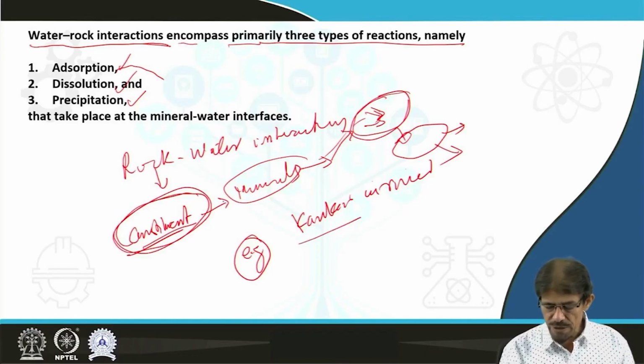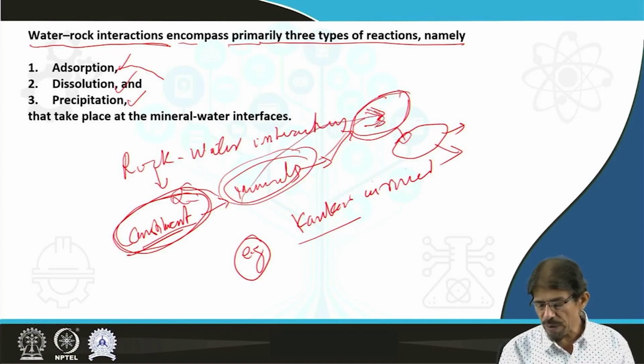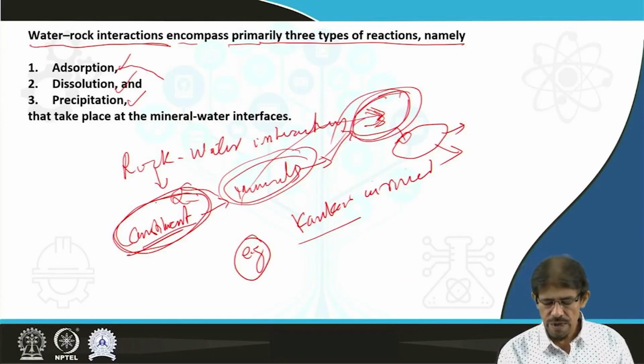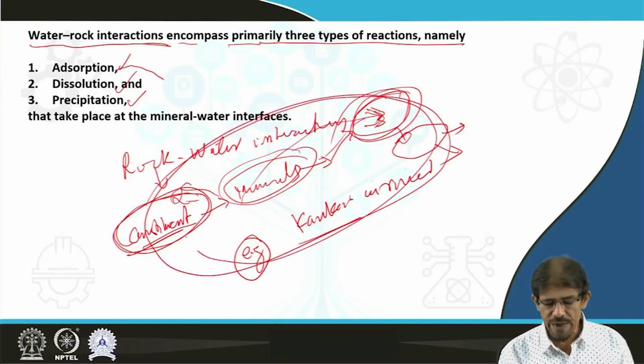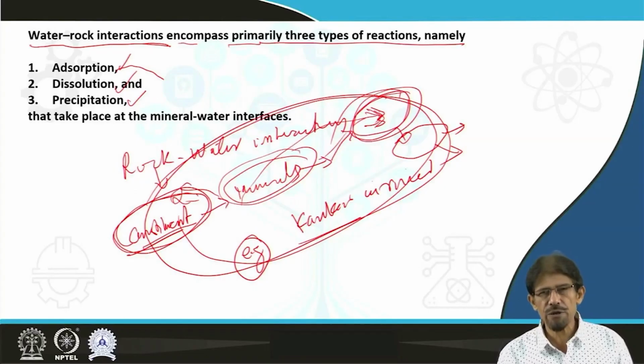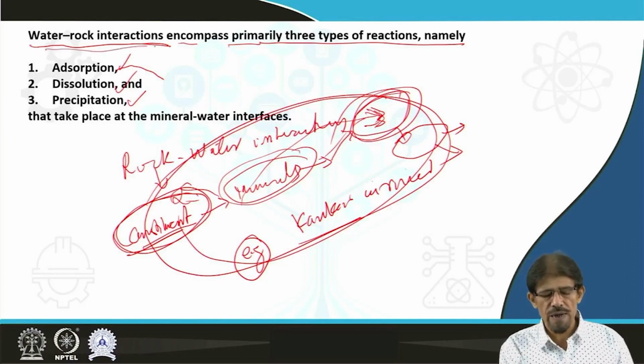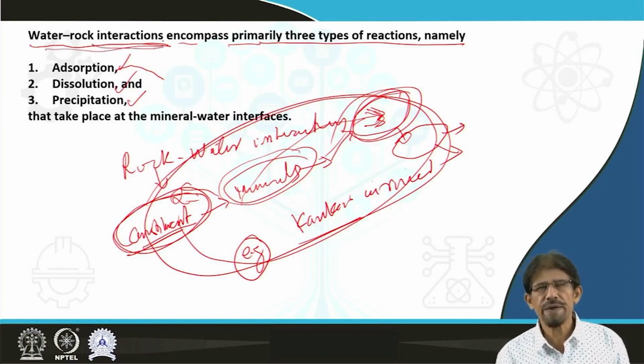When this water dissolves the carbonate from the source and precipitates on the downstream side, it is a good example of chemical interaction in water rock interaction. So in brief we have discussed adsorption, dissolution and precipitation, which we will extend in our future topics where we require discussion about the water rock interaction in a very elaborate manner.